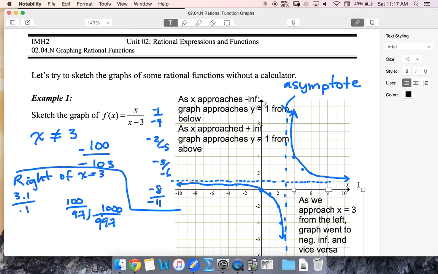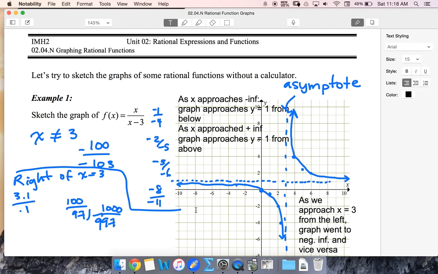So that means the opposite: as we approached x equals 3 from the right, our graph went towards positive infinity. Again, that's because as we got closer and closer to 3, we were dividing by decimals. And as we were dividing by decimals, we were either making big positive numbers or big negative numbers.